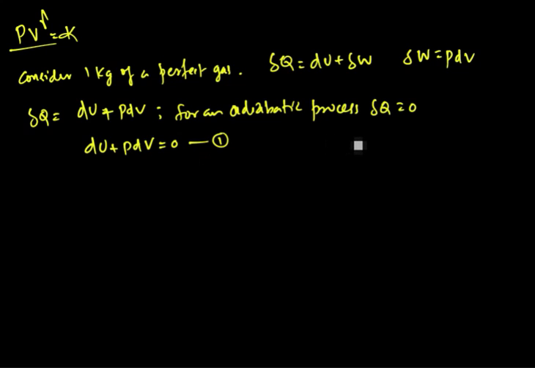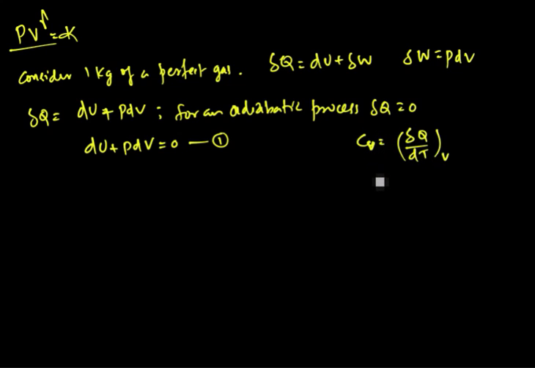The definition of specific heat capacity at constant volume is given by Cv is equal to del q by dT at constant volume, the heat exchanged with respect to the temperature at constant volume.